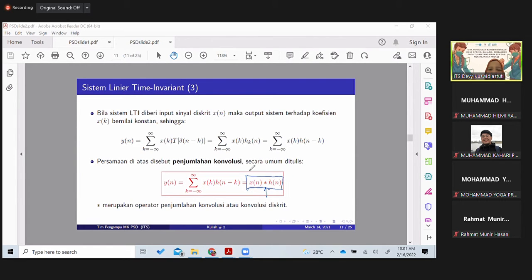In our linear time invariant system, our output y[n] will equal x[n] convolved with the impulse response h[n].